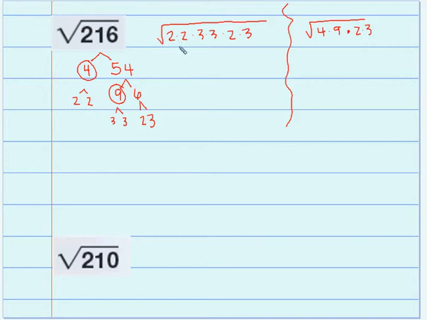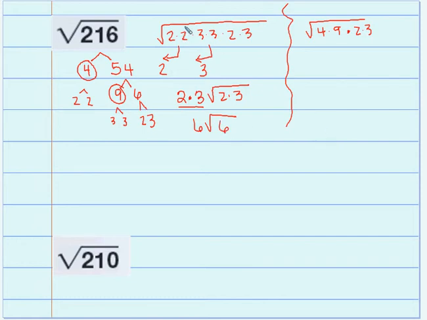So this is really the number 2 that will come out, and this is really the number 3 that will come out. So I will have 2 times 3 and then the square root of 2 times 3 underneath there. 2 times 3 is 6, and the square root of 2 times 3 is 6.